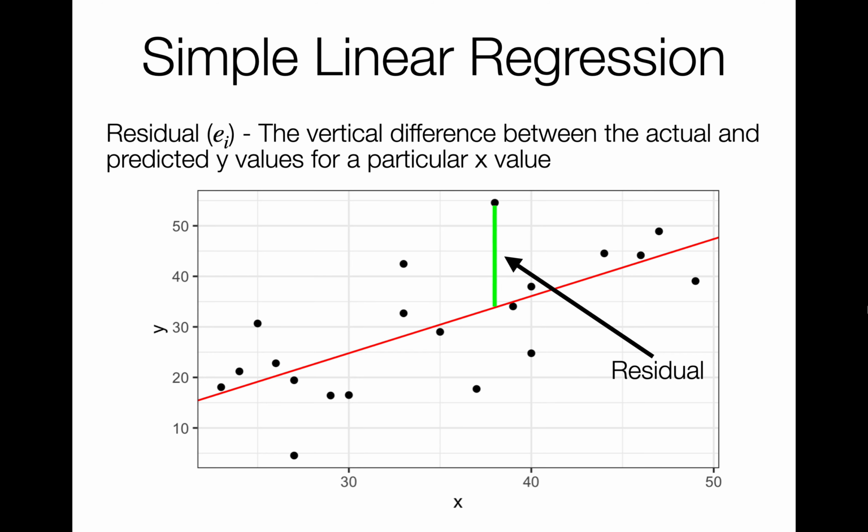You could add them all together, but it turns out you've got some positives and some negatives. And so when you add them, that will cancel out. The goods and the bads will sort of cancel out, and you get a number that isn't representative of how good or bad the line is. So what you want to do is square those residuals and then sum them up.